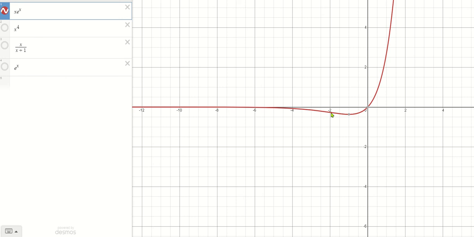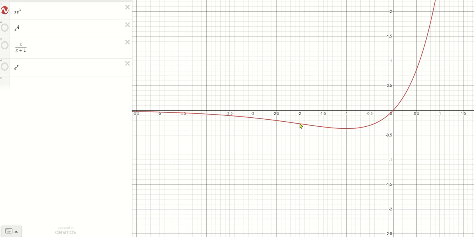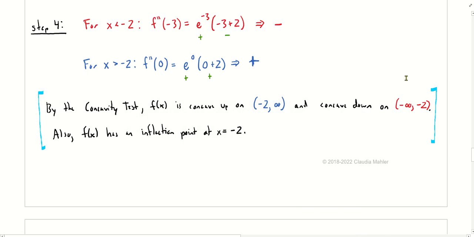And then once I hit -2, then I start seeing that cup shape. Zoom in here a little bit more. So from -2 and beyond, there's that concave up shape, the cup. And so -2 is the inflection point where that concavity changes from concave down to concave up. So that's visually what this looks like.